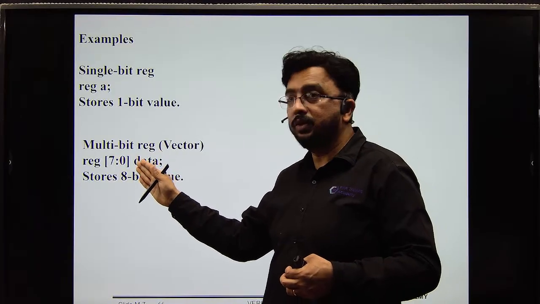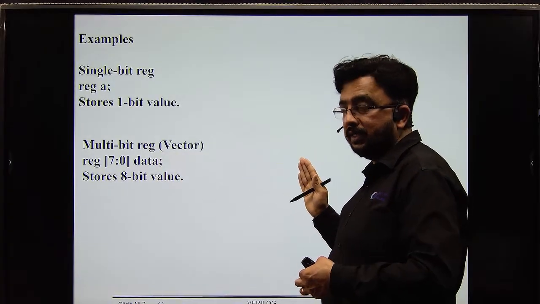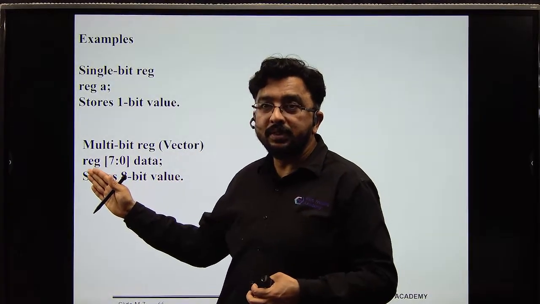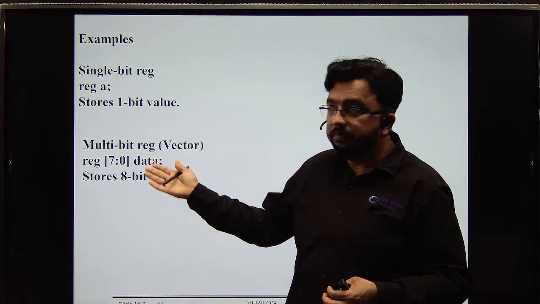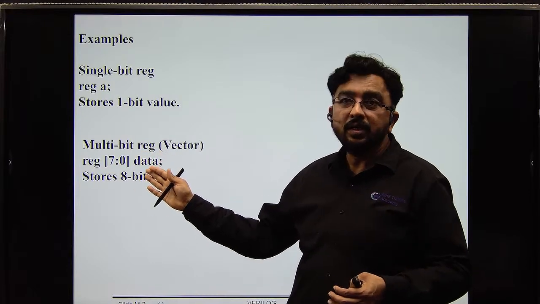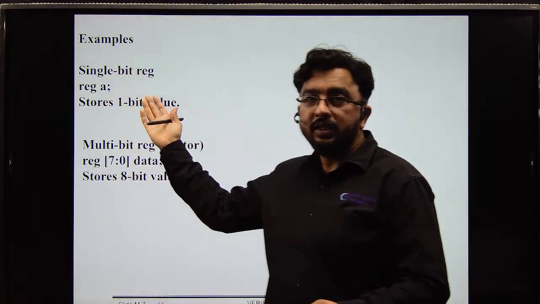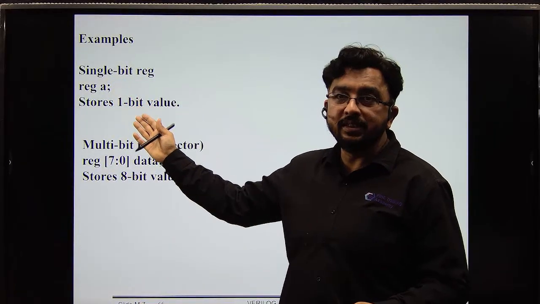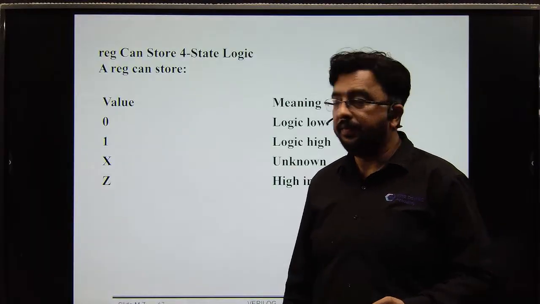In that case, the bits are 0, 1, 2, 3, 4, 5, 6, 7, and the bit numbering starts with 0. So this is one simple application of calling reg a vector. Here I'm calling reg a single bit. Here I'm calling reg a multiple bit.